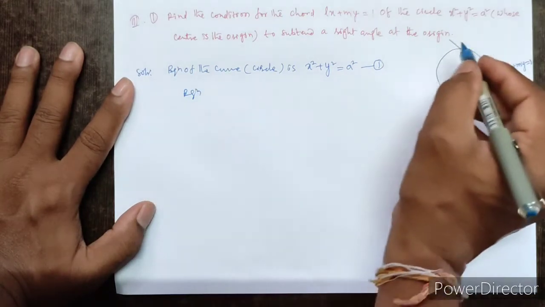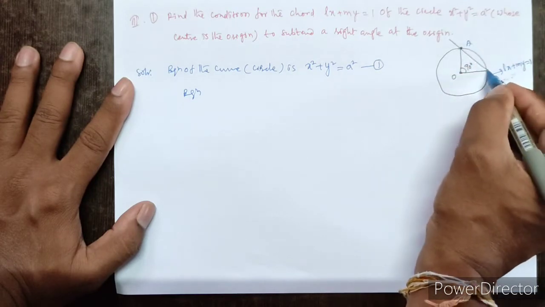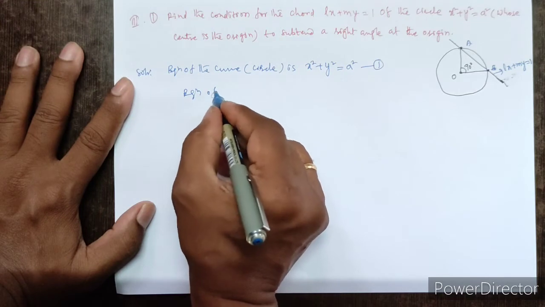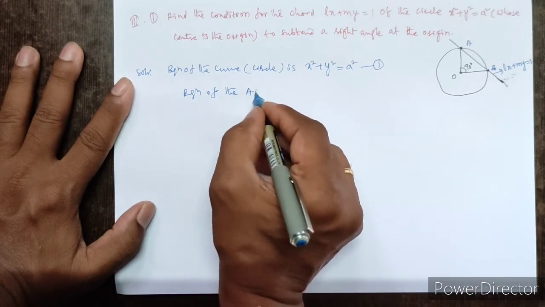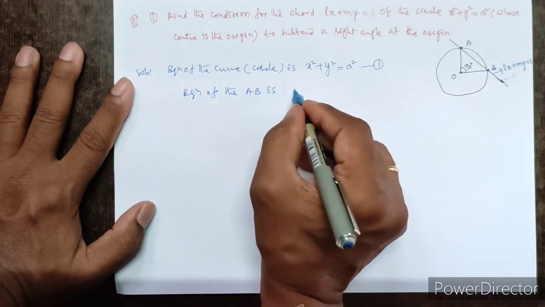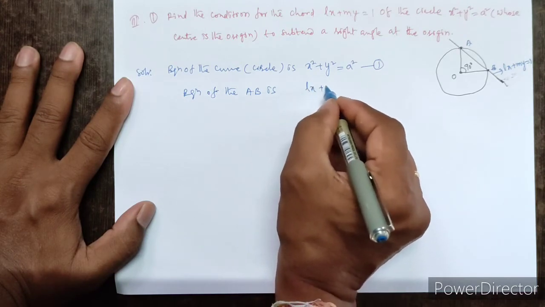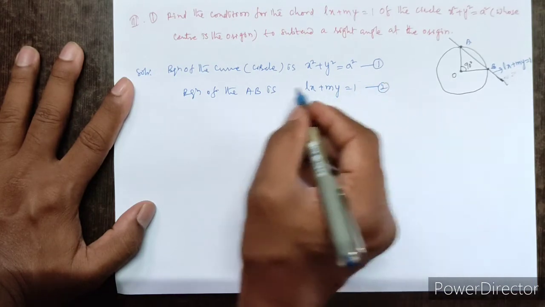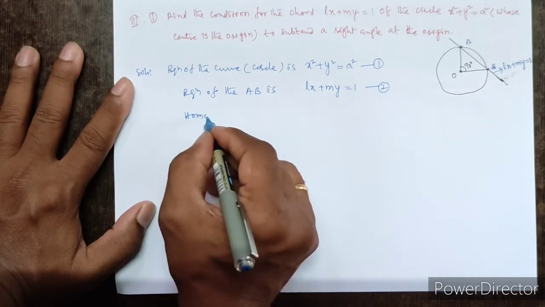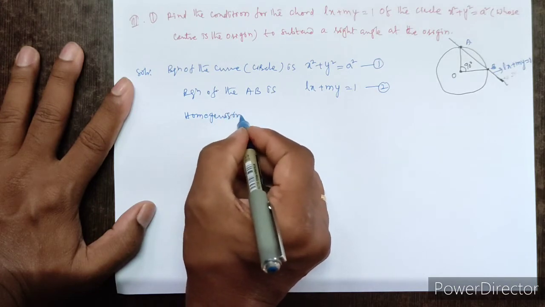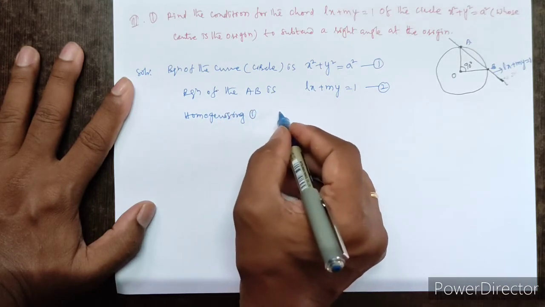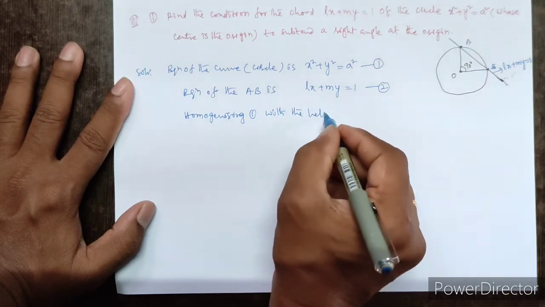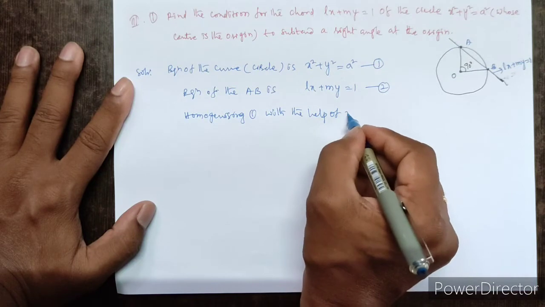This is A, this is B. Equation of AB is Lx plus My equal to 1. This is 2. Homogenizing. Next step is homogenizing equation 1 with the help of 2.